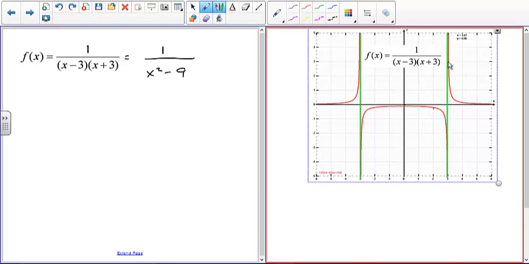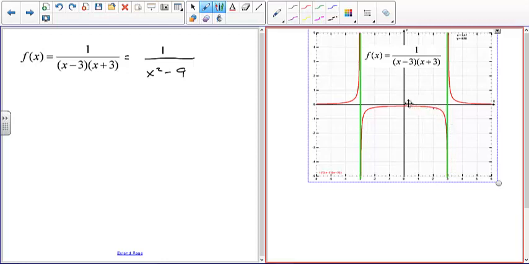So when you have a single root in the denominator, in this case a single root at x equals 3 and at x equals negative 3, you always have the vertical asymptote switch from positive to negative infinity. So I know this has to come from negative infinity.